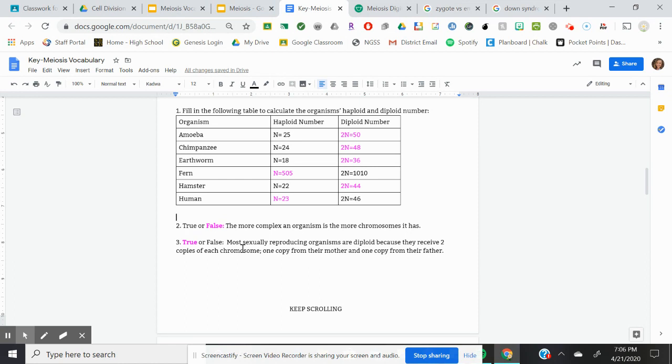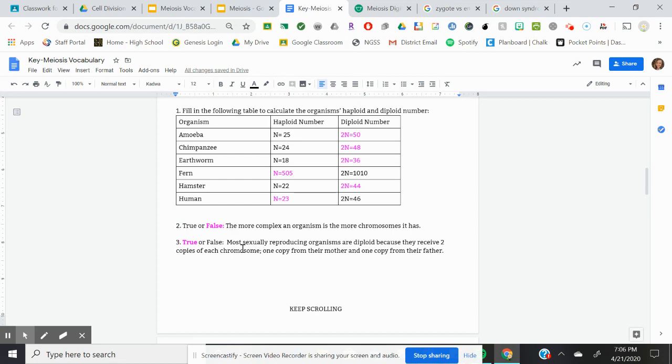If you are a haploid organism, you'd only have 23 socks and none of them would have a matching pair. They'd all be different. They'd have different genes on them, different prints or designs. So if you ever get mixed up with the terms diploid and haploid, think of pairs of socks or shoes or whatever, right?